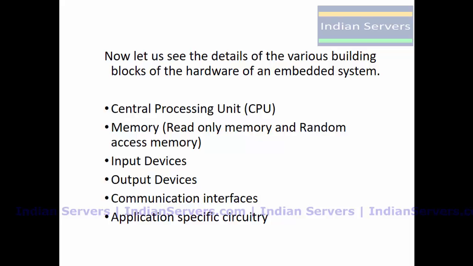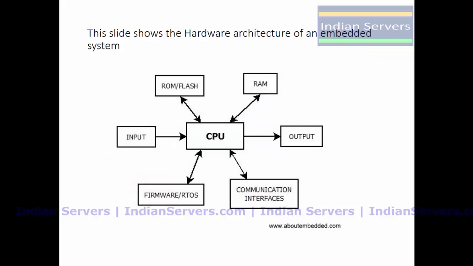Similarly, sensors fall under the input device category because a sensor monitors something from the environment and finally gives the data as input to the controller. Here you can see the block diagram of an embedded system, where input is given to the CPU and after processing the data it generates a specific output.